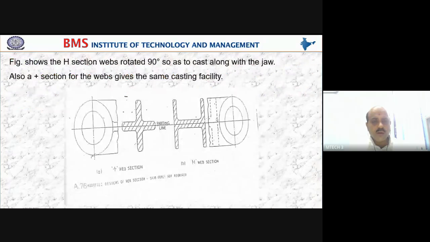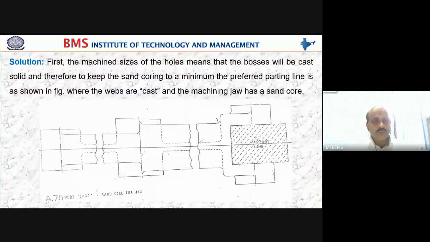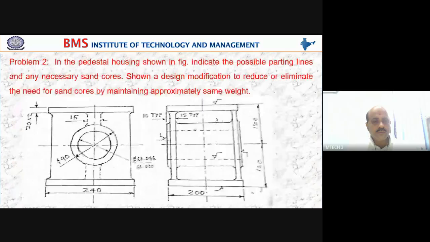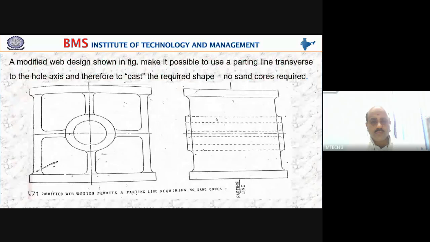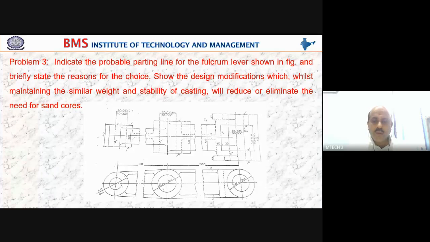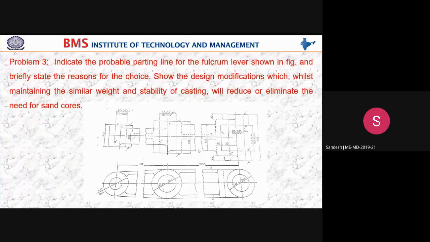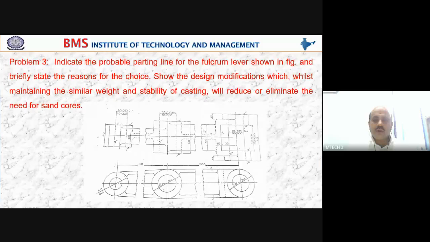This was the problem I had given for you. Could you get the solution for this? At least have you tried this? How can you get the parting line, and how can we modify the design so that we can reduce or eliminate the need for sand core without affecting the weight and stability of the casting?